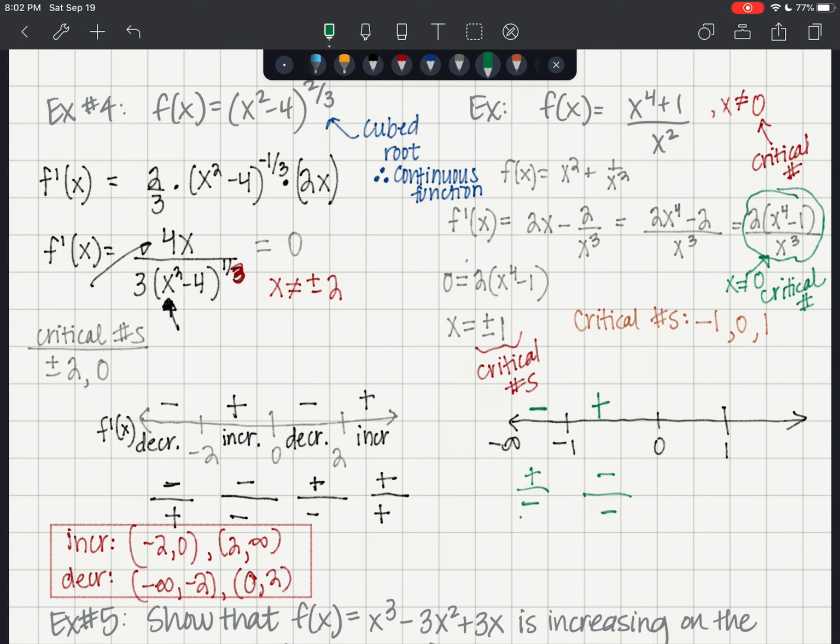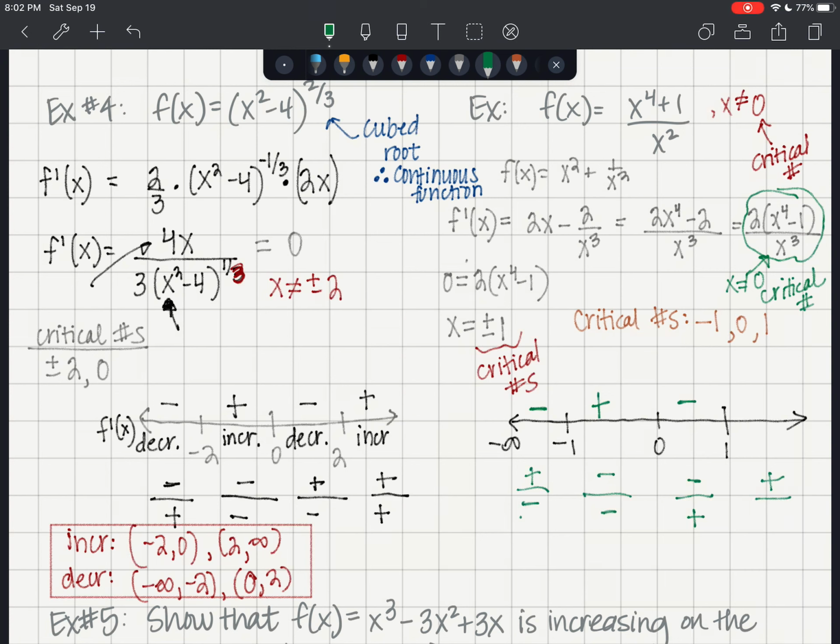Then I'm going to put a positive 1/2 in. So now we're at the third interval between 0 and 1. If I put positive 1/2 in, I'm going to still get a negative in the numerator, but this time a positive in the denominator. That would be a negative result. If I put a 5 in, 5 to the 4th power is a very big number, 625. Minus 1 is positive.